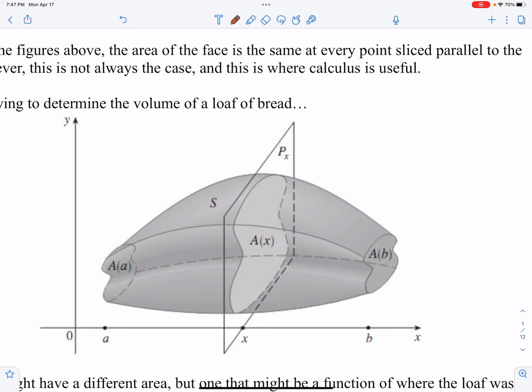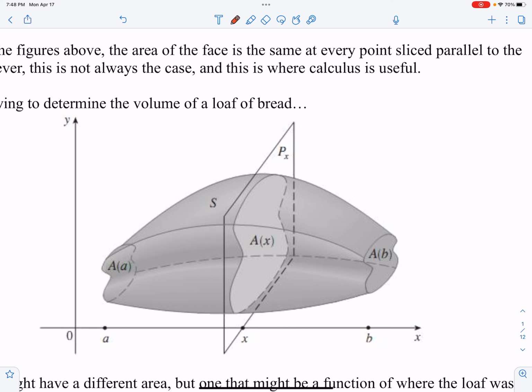This should sound familiar, right? Remember when we were first estimating the area underneath a curve, we used rectangles, and we thought about adding up the areas of rectangles in order to estimate the area under the curve. And then we talked about how if we use skinnier and skinnier rectangles, or more and more rectangles, infinitely many rectangles, then that estimate got closer and closer to the actual area under the curve.